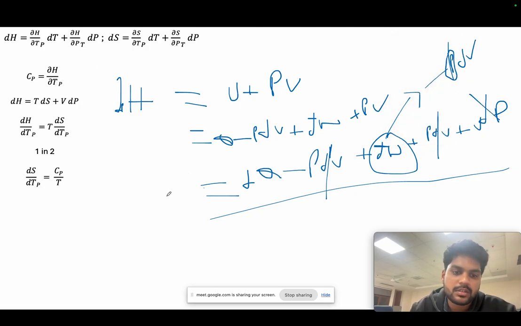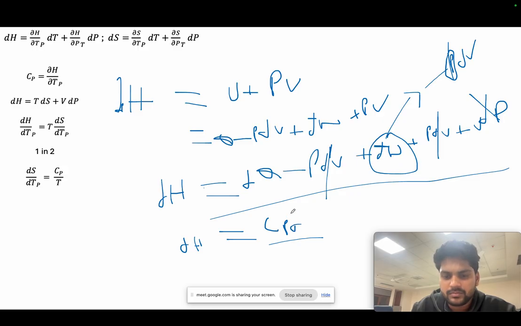So then we got dH equal to dq, which is, at constant pressure, Cp dt, which gives rise to dH by dT equal to Cp. So this is what you got.